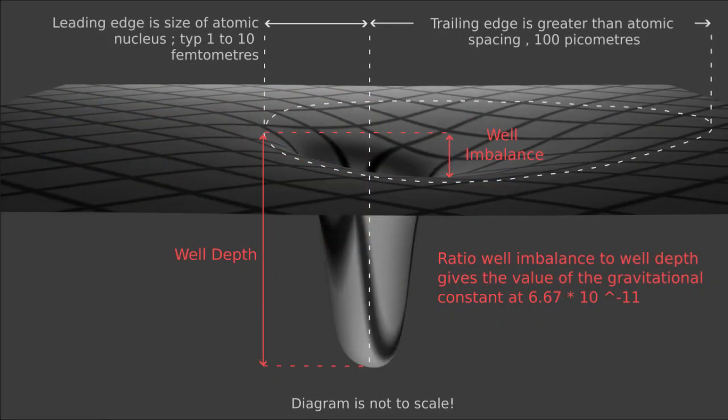However, when the gravity well is accelerated, it becomes weakly unbalanced in order to provide the inertial force. The unbalance on the trailing edge has to extend over a much greater order of magnitude in order to create the inertial force of the leading edge. The unbalanced force now has the range to very weakly attract neighbouring atoms. This is the secret of how gravity works.